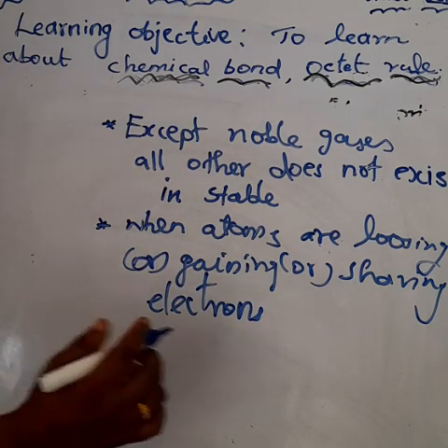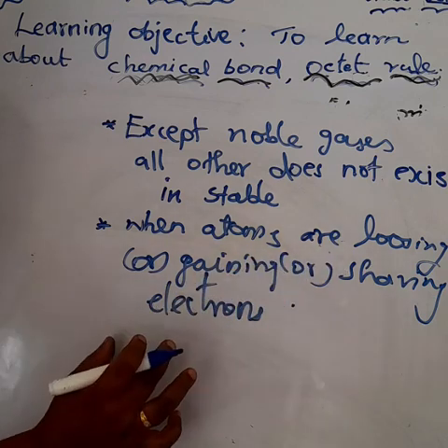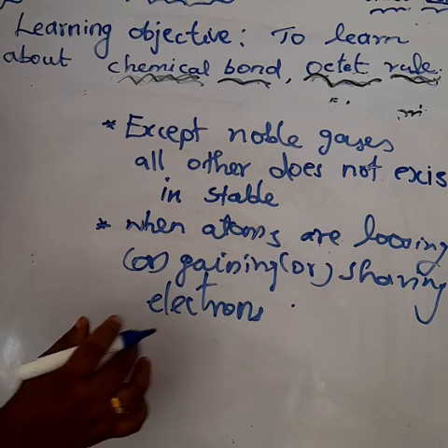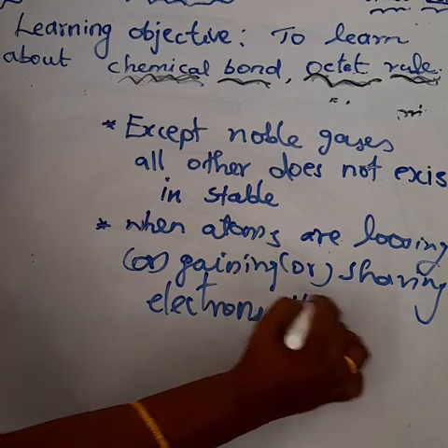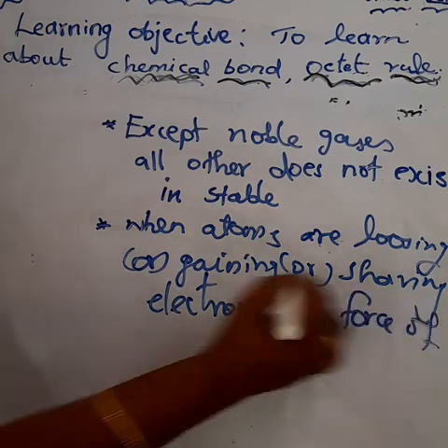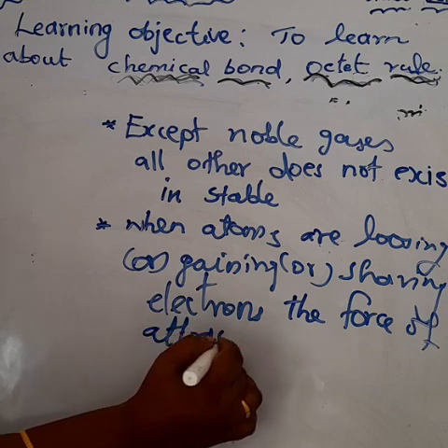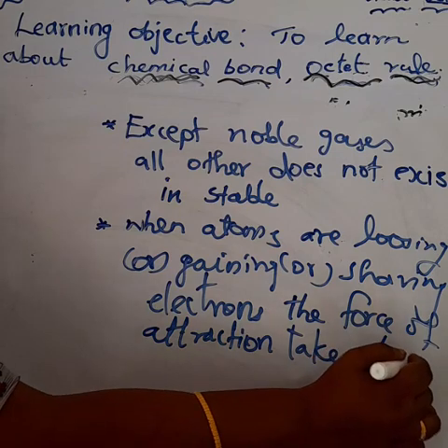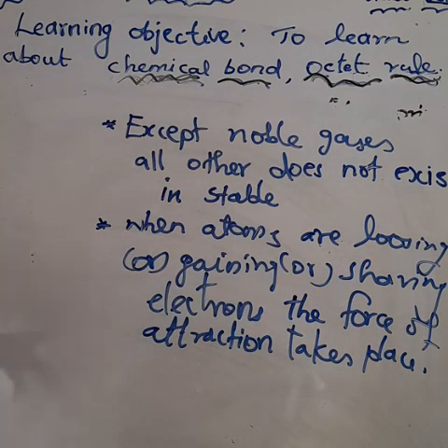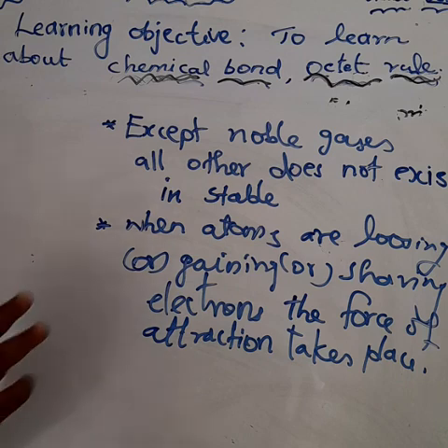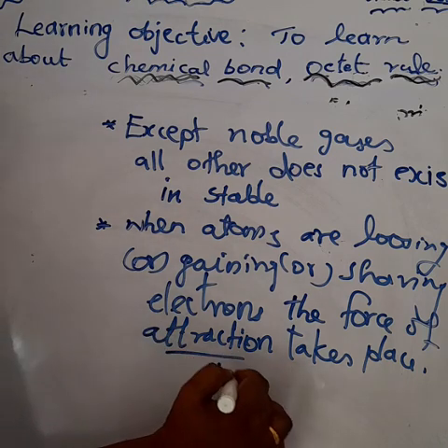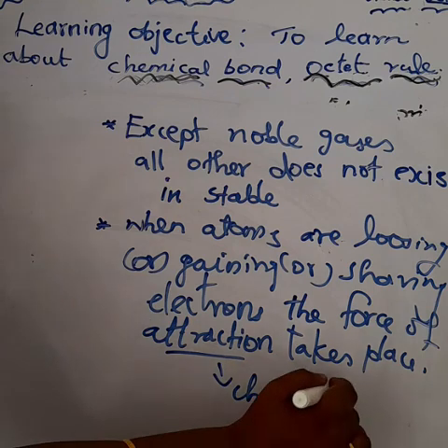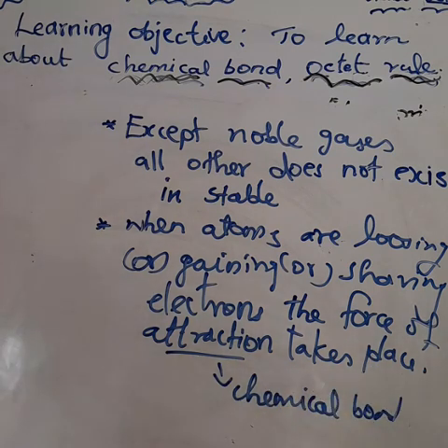When atoms lose, gain, or share electrons, a force of attraction takes place between them. This force of attraction we call chemical bonding. Thus, the chemical bond is formed.